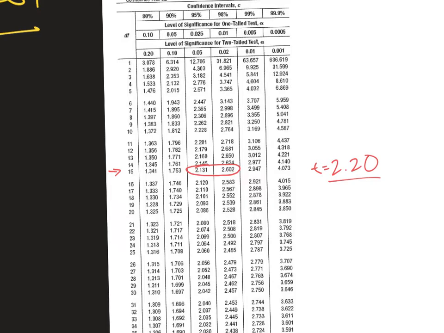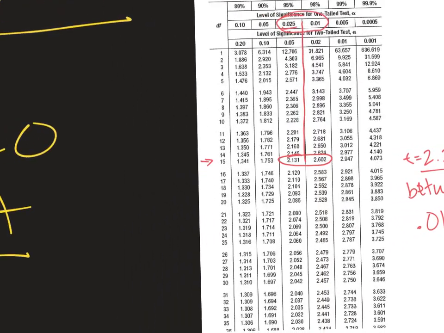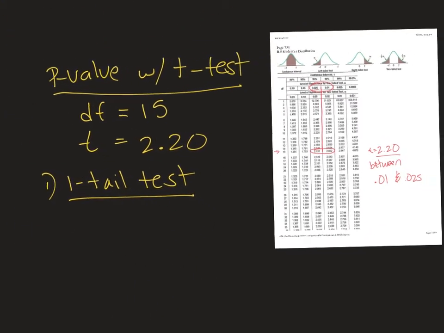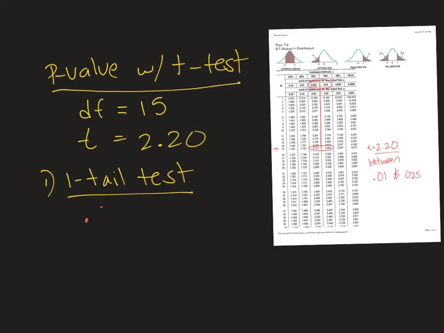So if we're looking at the one-tailed test, we would say that the p-value is between 0.01 and 0.025. So that's how we find the p-value for a one-tailed test on the t-tests.